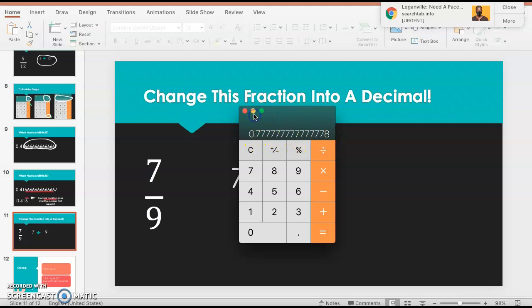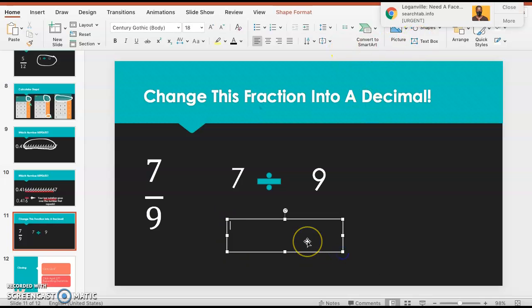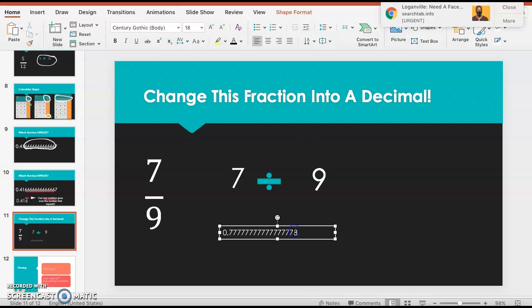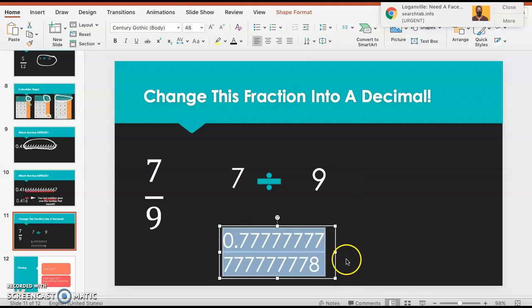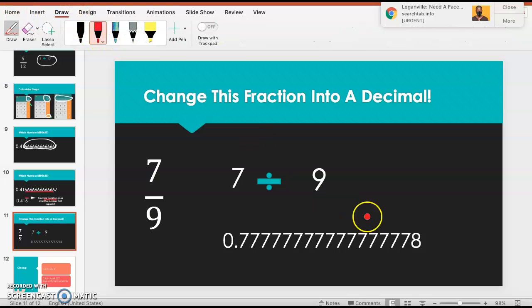7 divided by 9 equals 0.77777778. So let's write that down here: 0.777777777778. Now, if we're going to be writing this as an answer, do we really want all those sevens? No, because it's just repeating itself. But which number is repeating? It seems like the number 7 is constantly repeating itself.